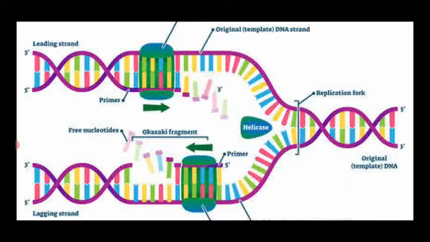In the leading strand, replication takes place in a continuous process. In the lagging strand, replication of the DNA fork takes place in the form of fragments. This was observed by the scientist Okazaki. After that, these fragments of the DNA strand are joined by an enzyme, DNA ligase.